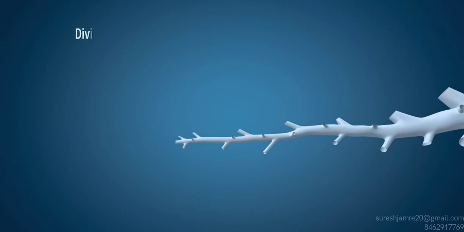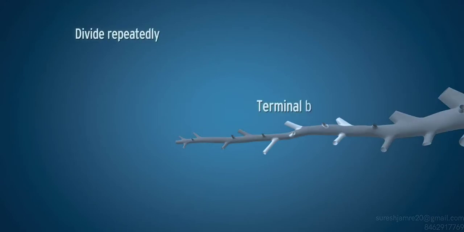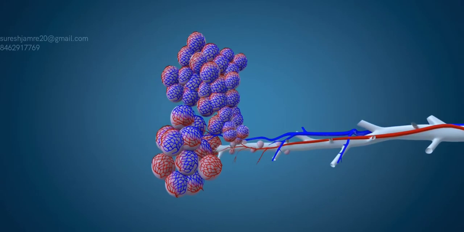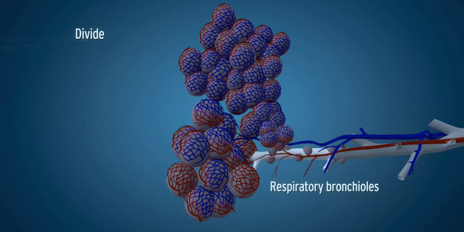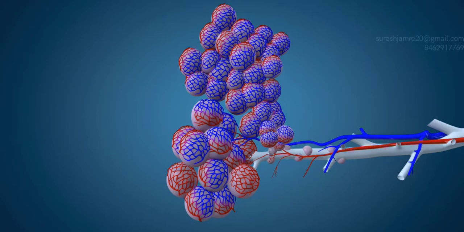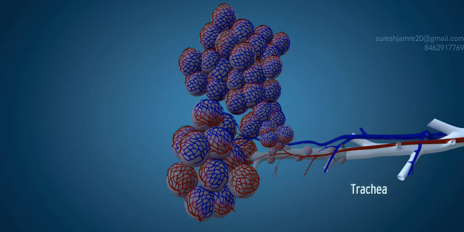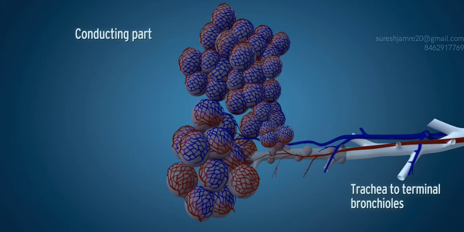Segmental bronchi will divide repeatedly to form terminal bronchioles. Terminal bronchioles further divide to form respiratory bronchioles. Part of the bronchial tree from trachea to terminal bronchioles is termed as conducting part, as there is no exchange of gases here.